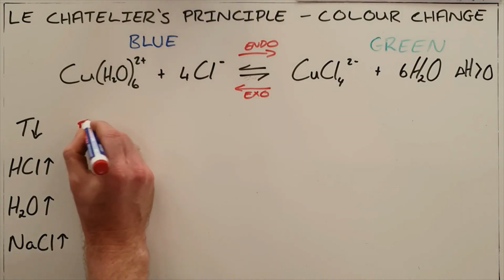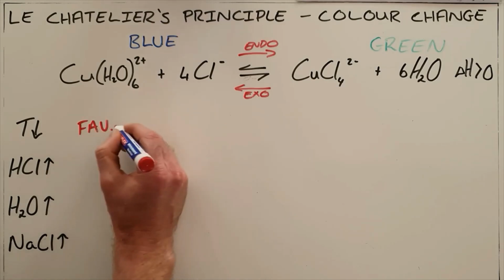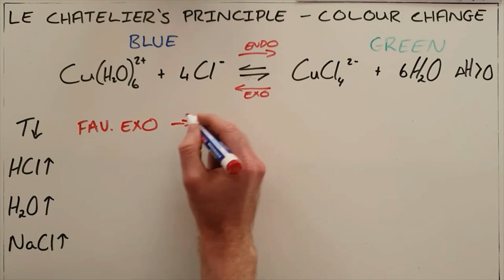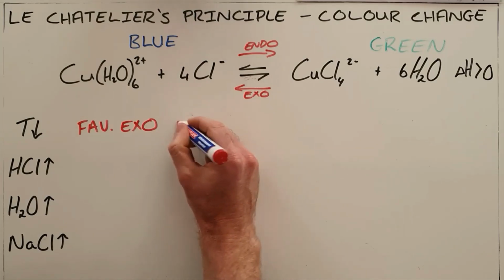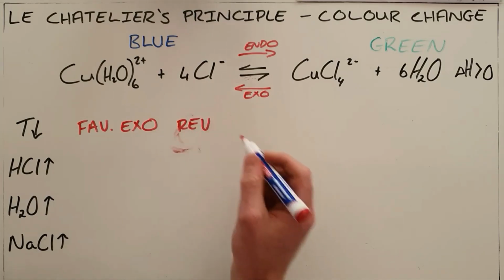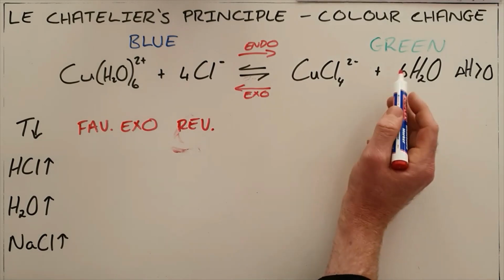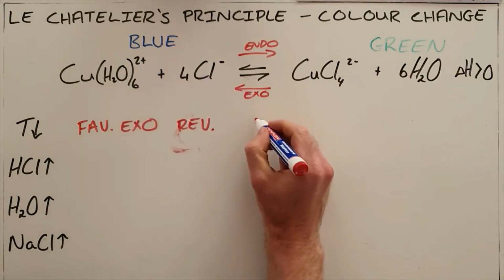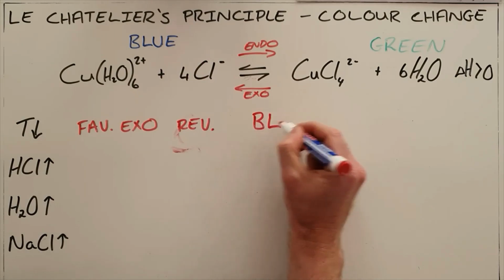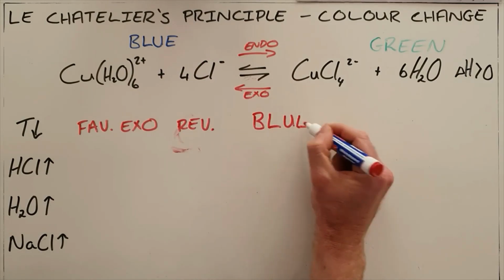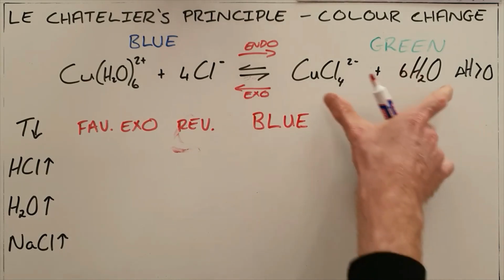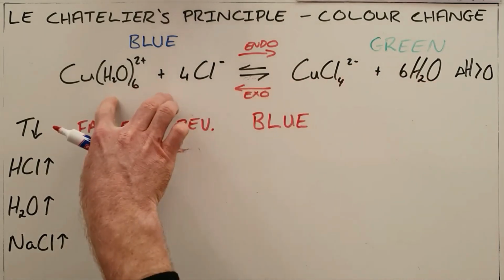That means we are favoring the exothermic reaction, which in this case is also our reverse reaction. We can see clearly that the reverse reaction uses up green to produce blue. So the color change when decreasing the temperature is that this reaction becomes more blue because it uses up green to produce blue.